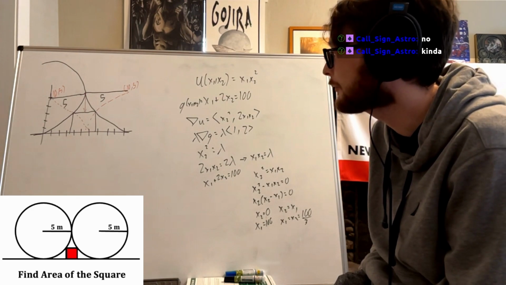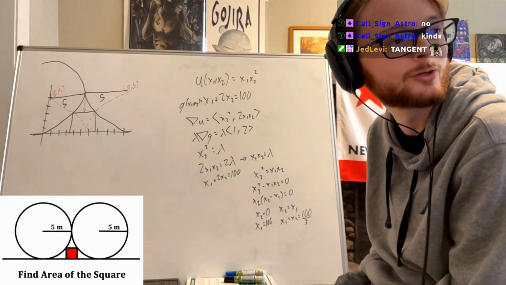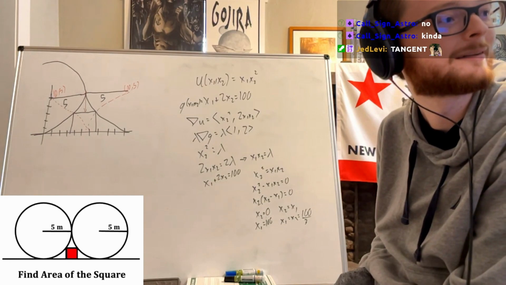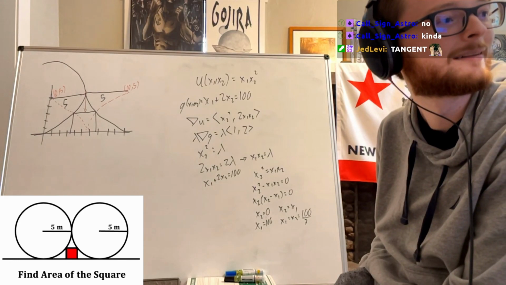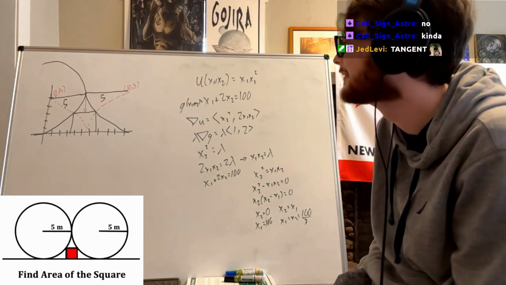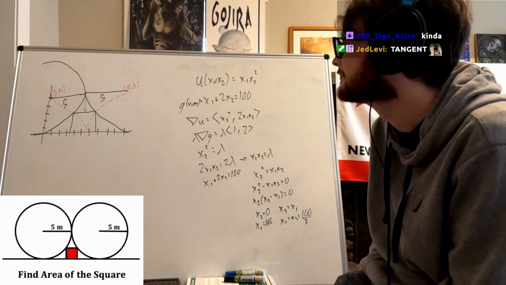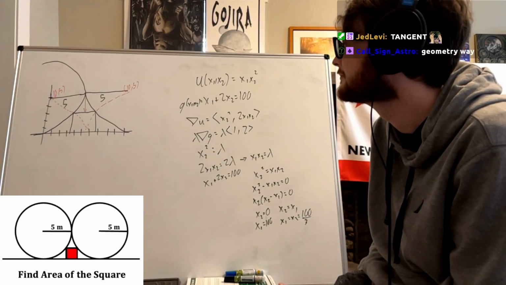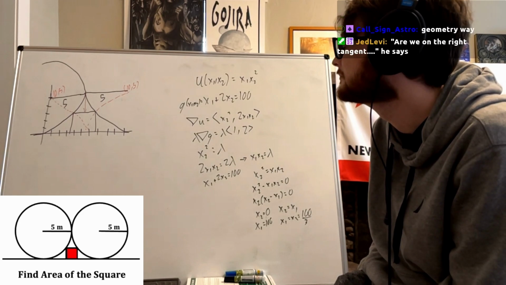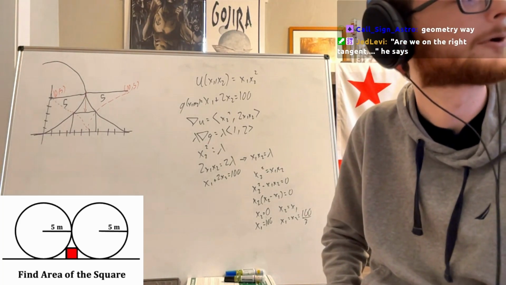I could definitely see a calculus way to do this, but I feel like there's supposed to be a geometry way. Are we on the right tangent?